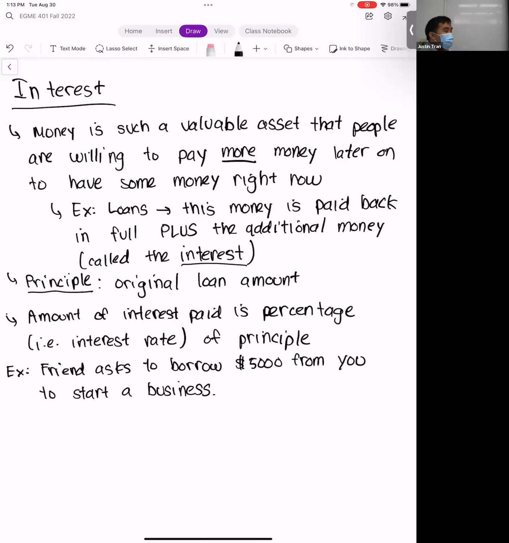What your friend tells you is that he expects his business to take about 5 years for it to be really profitable. So after 5 years, he's going to give you back that $5,000, plus interest. The interest he's going to give you is at a rate of 8% of the principal per year.